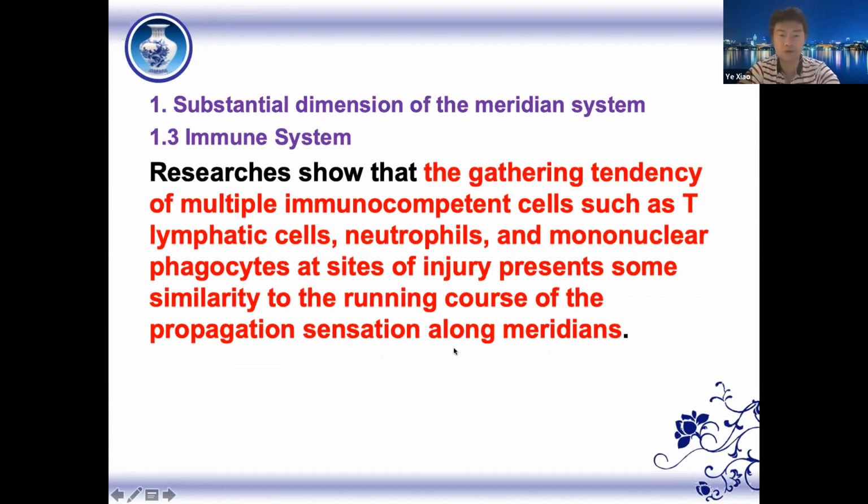Some researchers show that the gathering of multiple immunocompetent cells such as T cells, lymphatic cells, neutrophils, and mononuclear phagocytes at sites of injury presents some similarity to the course of the propagation sensation along meridians.